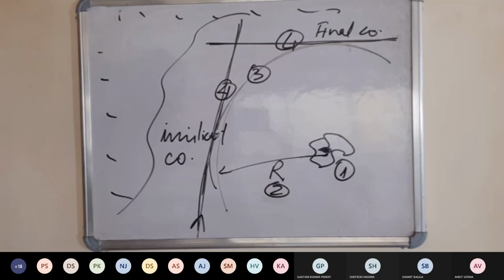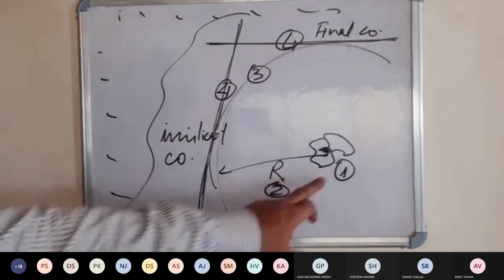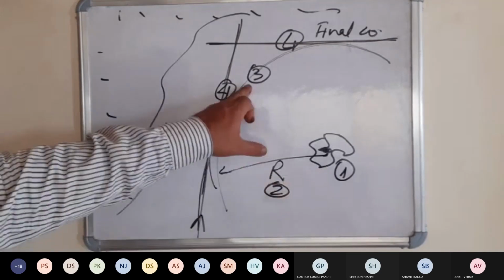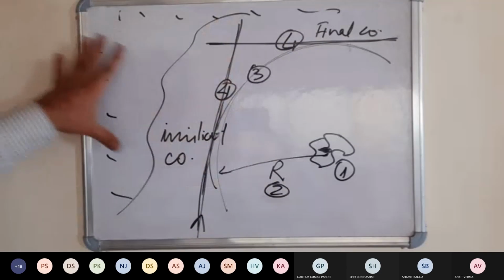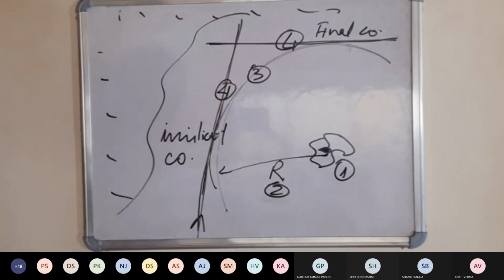It is talking about identifying the object, deciding the radius, drawing an arc, then drawing the initial and final course passing tangential to the arc. Is it okay?